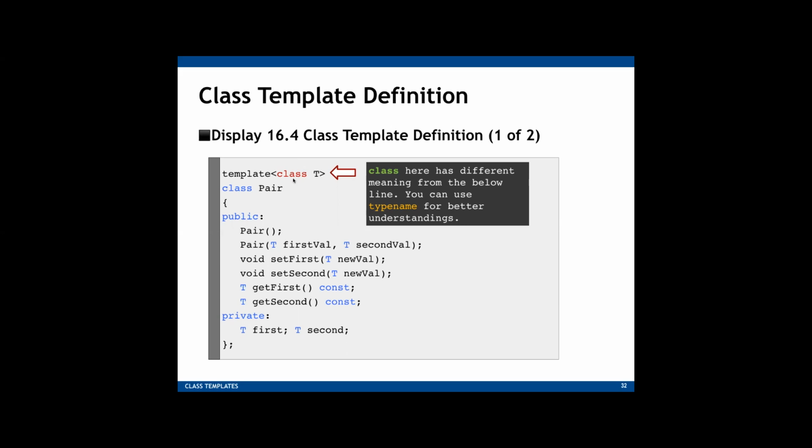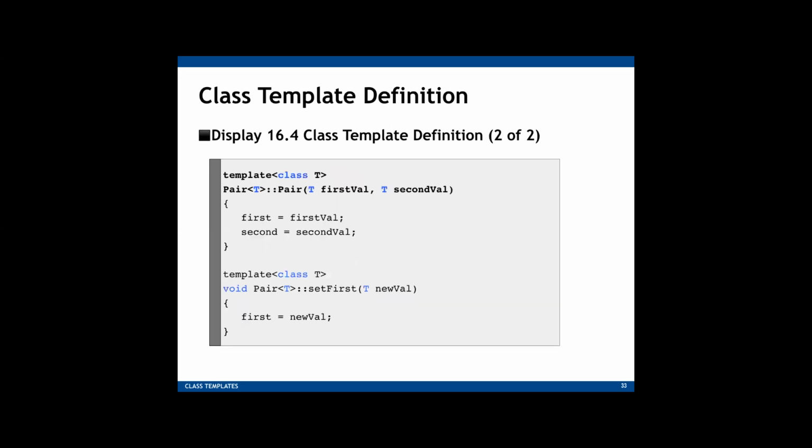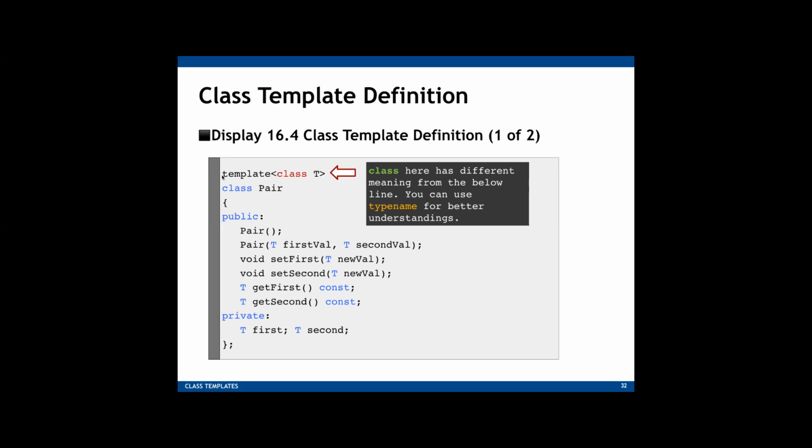So even though they are both class, don't be confused about this. They have different meanings. Because we use a template and type parameter T here, we say that this is a template class.